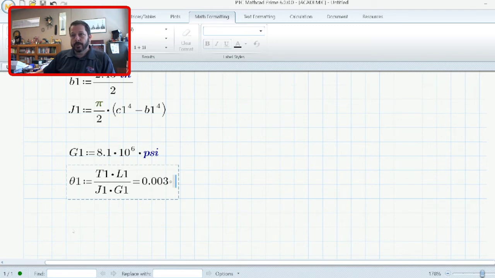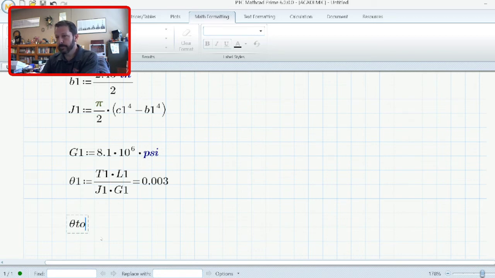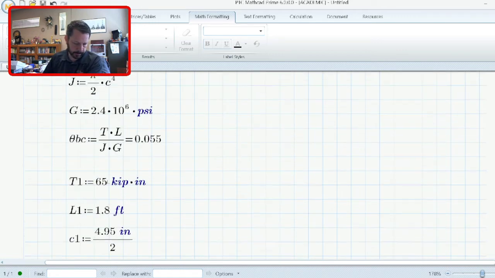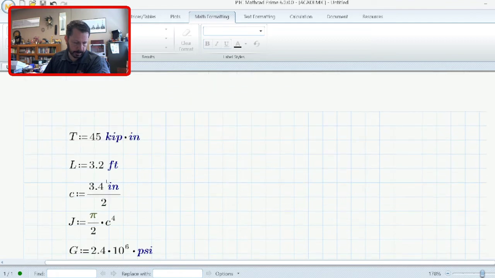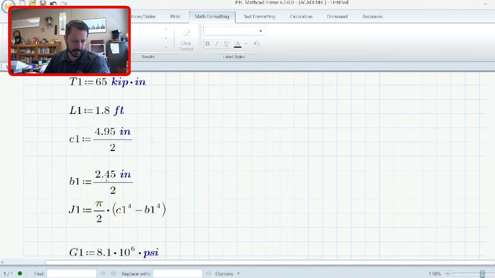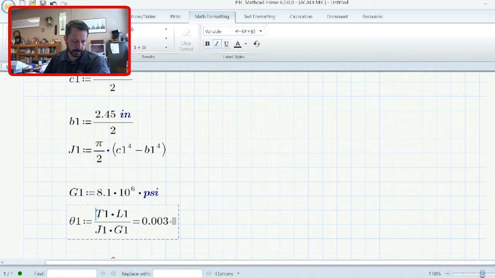And then the total angle of twist, theta total, we'll say, equals theta 1, and one of these, did I make them negative? I did not. So the one that's supposed to be negative is actually this one because of the problem statement.